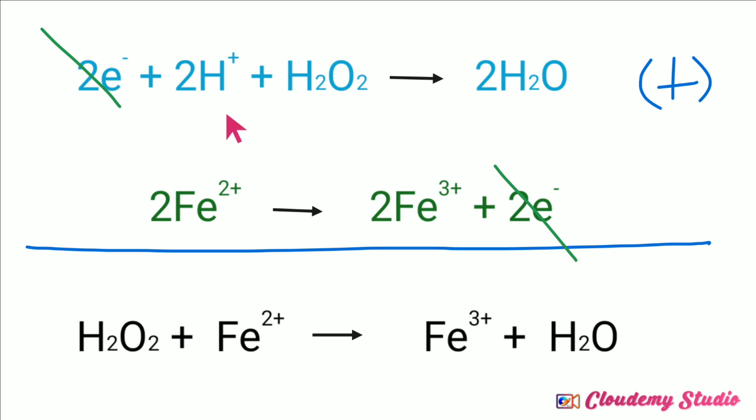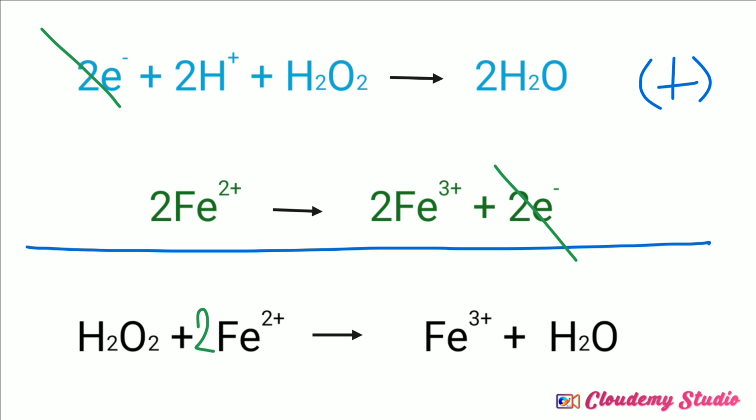Accordingly, on the left hand side, hydrogen peroxide is left out. That hydrogen peroxide is written here. Then in the second equation, 2 moles of Fe2+ are left out. So that we need to write, 2 moles of Fe2+. Next, what else is left out at the left hand side? 2 moles of hydrogen ion are left out.